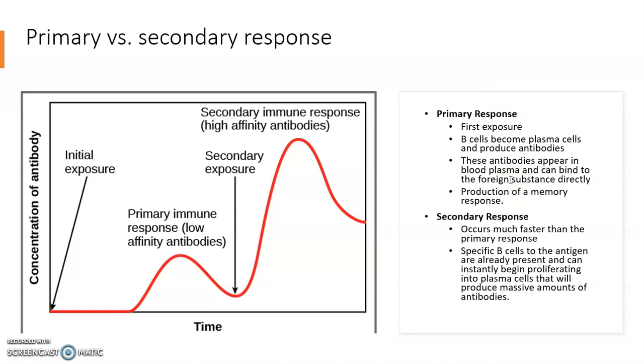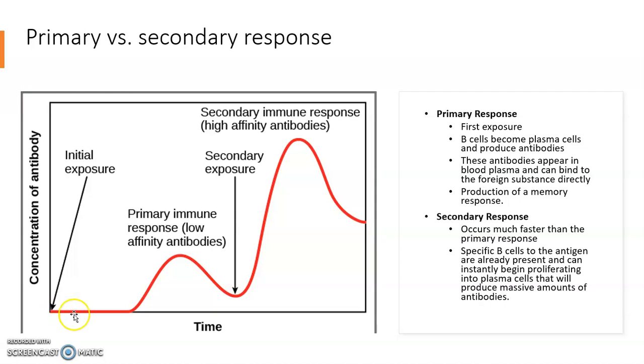So the primary response is the first time you get sick with an infectious pathogen. So this would be the first time you get measles or the first time you get influenza. The very first time you get sick, it takes a little while for your body to activate the appropriate cell lines. Because remember, we have to find the right T cells and the right B cells and go through all those activation pathways.